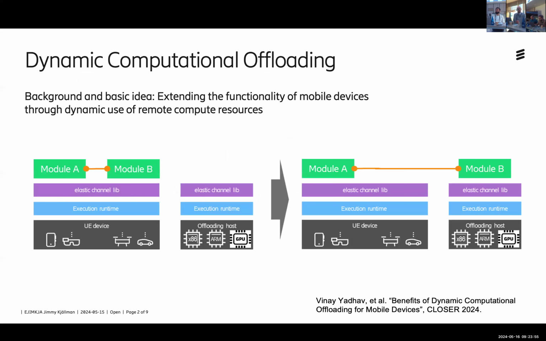So this so-called dynamic computational offloading is basically an idea of a service that we would provide, for example, in 6G networks, so that devices can offload some computing from the device itself into the network.